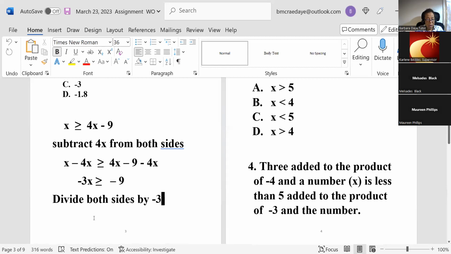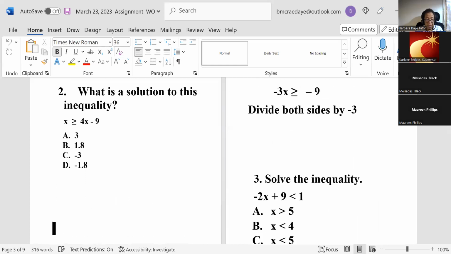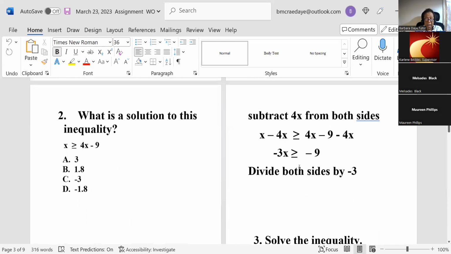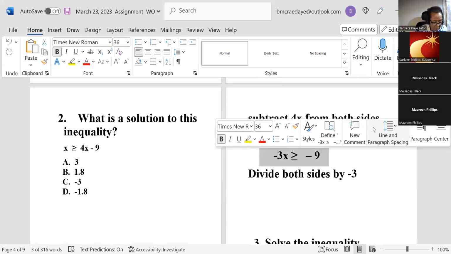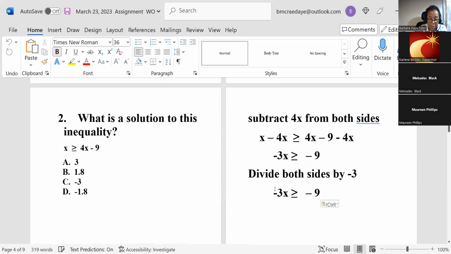Now, if you do that, let me just copy and bring this all to the next line. Once you divide that out, let me go ahead and put the divide there, and you should be doing this.